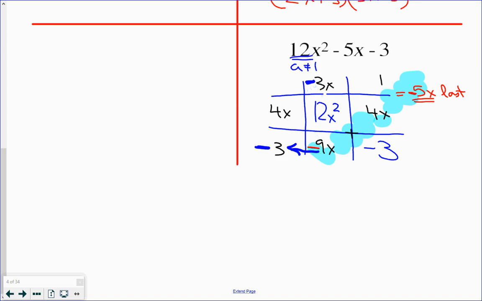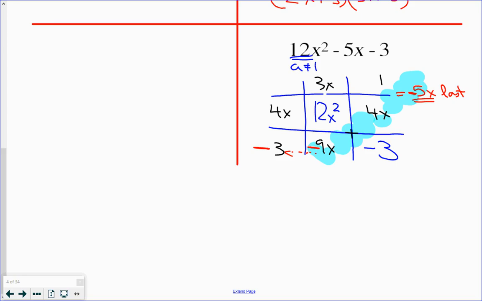Never pull it to the x. You will see, technically it's a right answer. Like, I'm not going to mark you wrong, but what you're going to do in grade 11 as the next step, it is substantially harder to do if you make this negative. If you bring it this way, you're going to make your life a whole lot harder in grade 11. So just always, if you have a negative, bring it out to the number. Do not bring it to the x. It will just make your life that much easier.